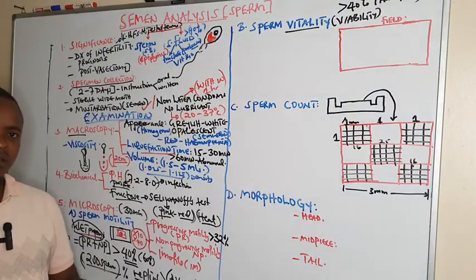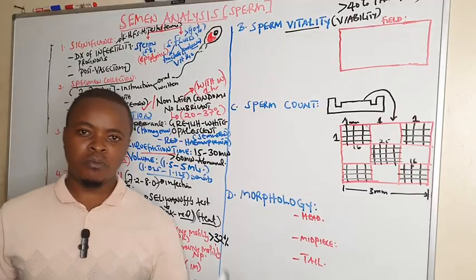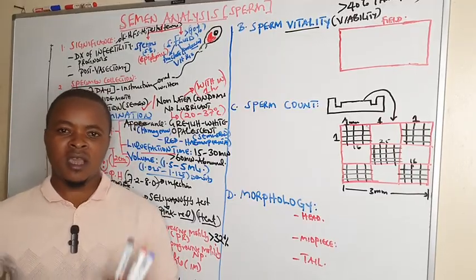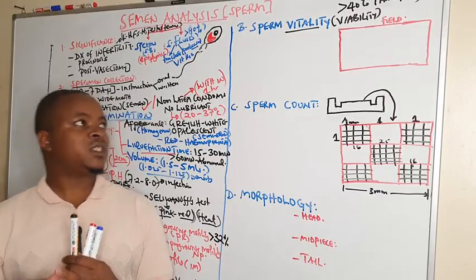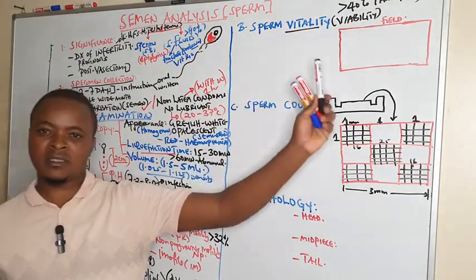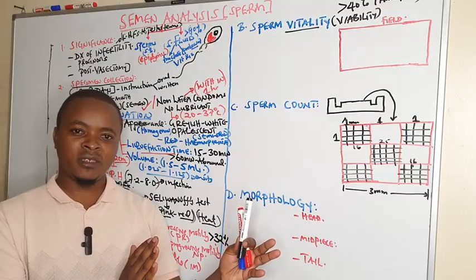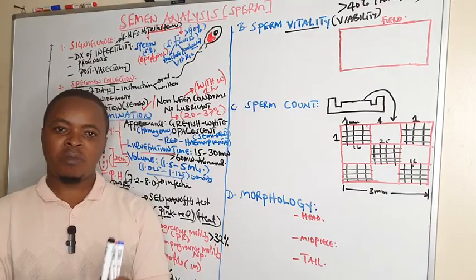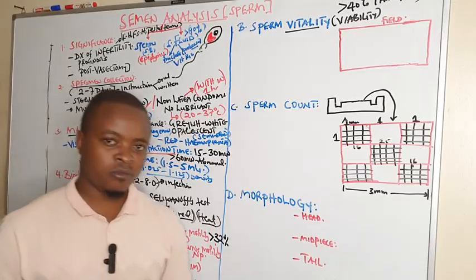We want to see these sperms which are not able to express motility. Are they live or dead? That's why we do sperm vitality. Are they dead, and that's why they are not moving? Or are they alive, but due to other abnormalities, they are not able to move?